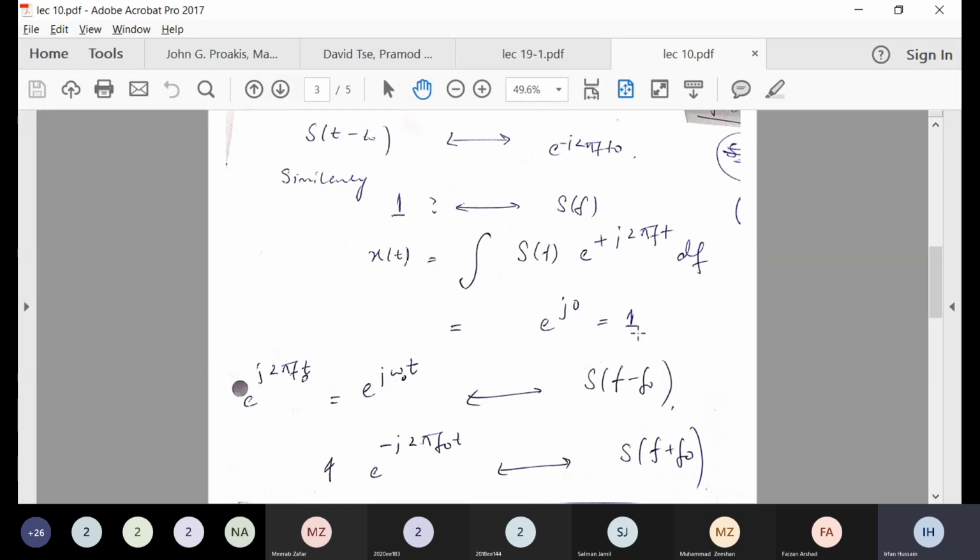And you can very well see delta F gives you 1. If I multiply this with e to the j 2 pi f0 t, so I am modulating it. This means the spectrum will shift to F0, positive frequency. But if you do minus, it will shift to the negative frequency, it will map to e to the minus j 2 pi F0 t.